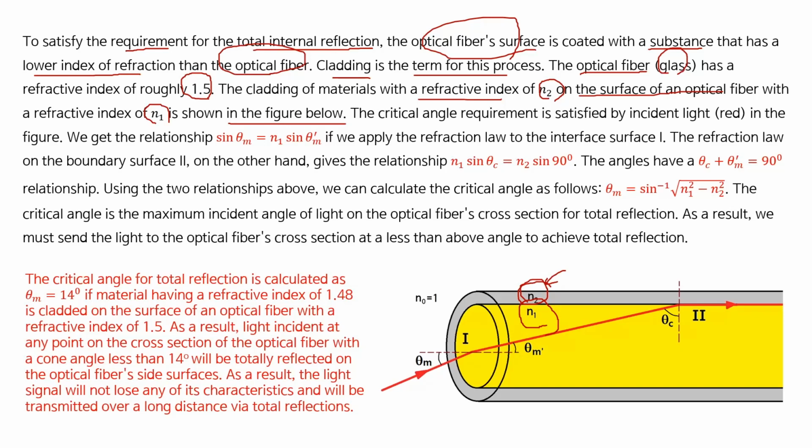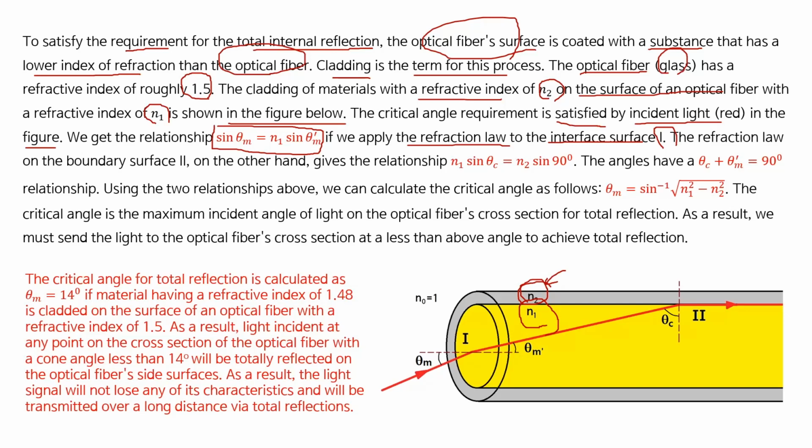The critical angle requirement is satisfied by the incident light indicated by the red line in the figure. We get this relationship if we apply the refraction law to interface surface 1.